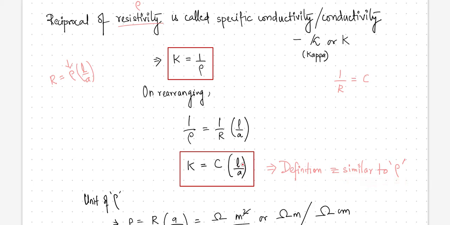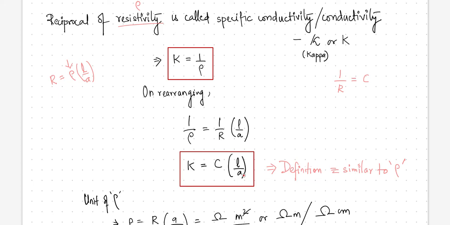If you take a conductor having a length of 1 centimeter and a cross-sectional area of 1 centimeter square, then K would be equal to capital C. In other words, conductivity is equal to the conductance of a conductor of length 1 centimeter and cross-sectional area of 1 centimeter square.